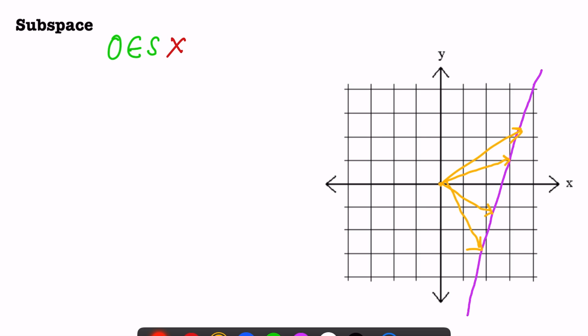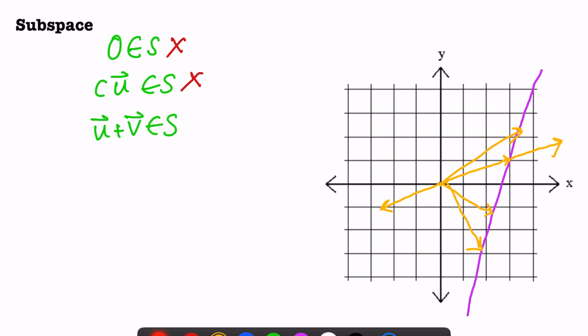Let's see if this line is closed under scalar multiplication, or Cu belongs to S or not. If you scale any vector in either the positive or negative direction, the scaled vector goes out of that line. So this is not closed under scalar multiplication. Next, check if it is closed under vector addition.